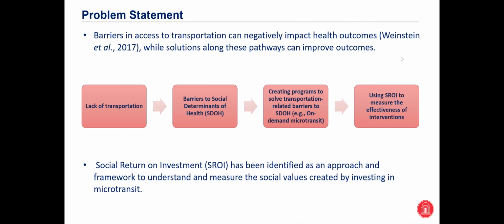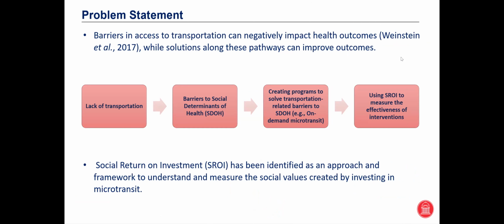To give a brief introduction, I'm going to start with social determinants of health, which refers to social factors that contribute to the health of people in a society and can range from access to healthcare facilities to access to jobs and healthy food.